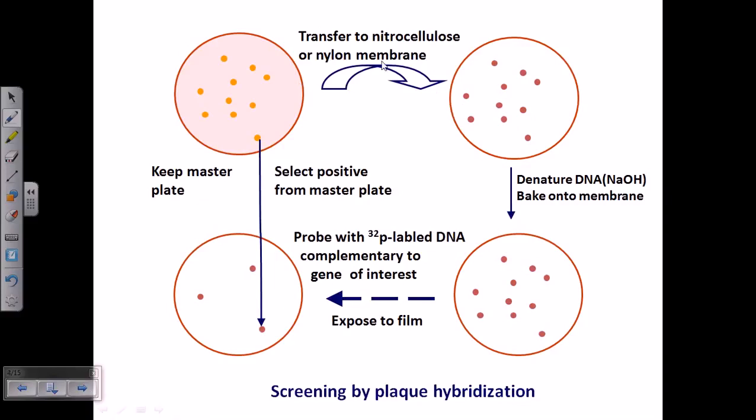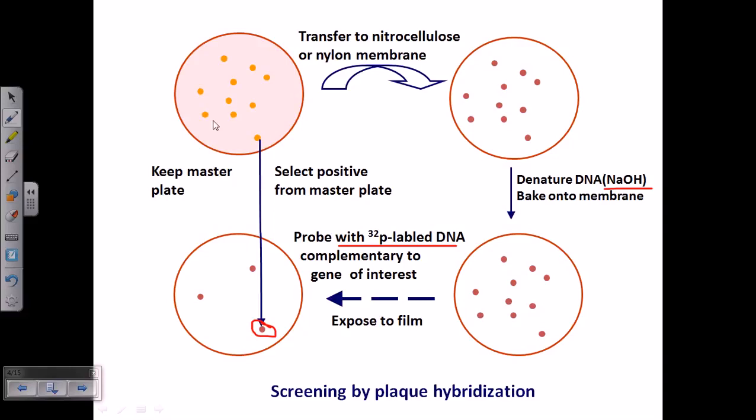Again the process is illustrated in this picture also. Say this is the plate, so we transfer it to the nitrocellulose filter, then we denature it with NaOH. Then we attach this radio labeled probe, which is the P32 labeled probe here. After that we expose it to the X-ray, and then we get the presence of this region.